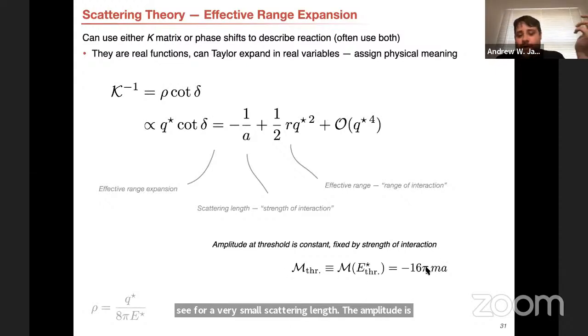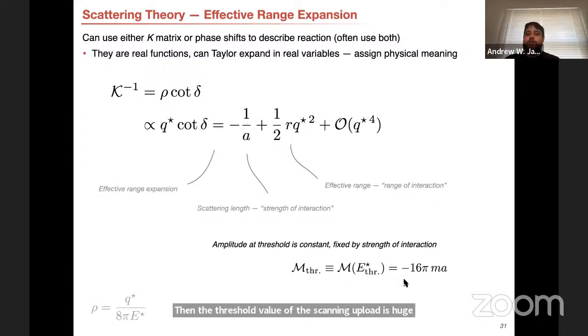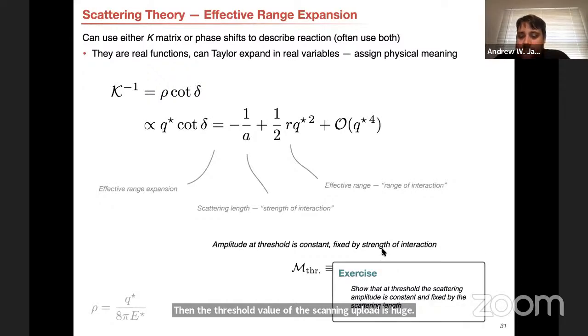So it's not that strongly interacting. If the A is really, really big, then the threshold value of the scattering amplitude is huge. And that's telling you you have a large amount of interaction. So as an exercise, show that at threshold, this amplitude is constant and fixed by the scattering length.